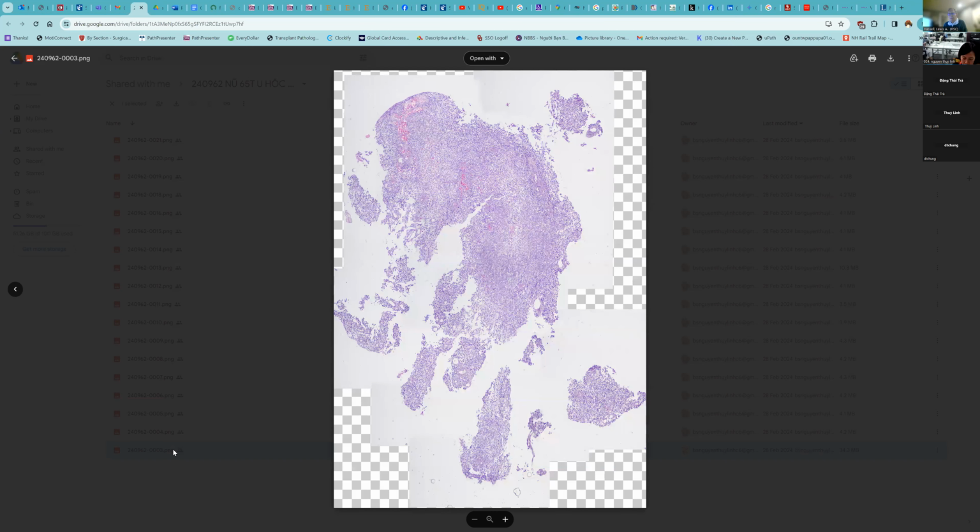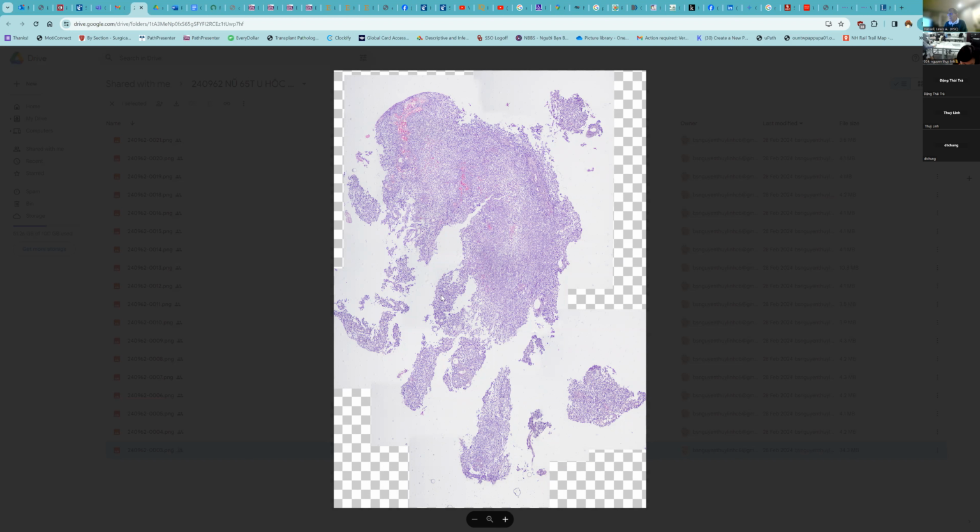In history, a 65 years old female has a tumor in her nose cavity. And this is the biopsy of this tumor.